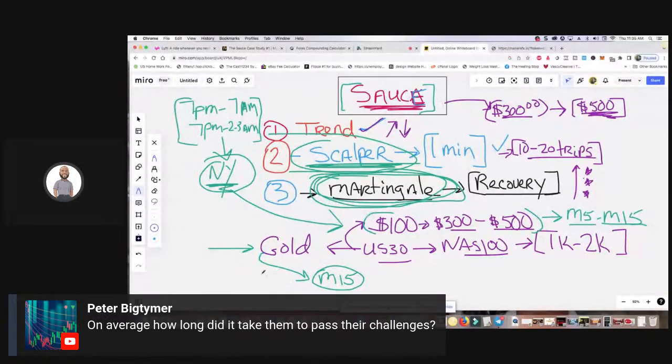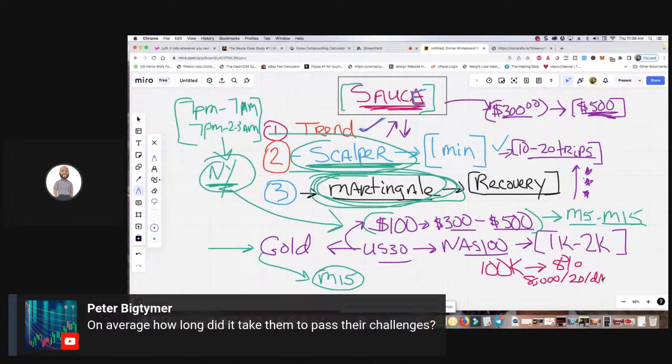Think of it like this. Say you get a prop firm, and the prop firm is 100,000. The first phase, they give you 30 days to hit your target of usually 8%. 8% of 100K is $8,000. So what's 8,000 divided by 20 trading days?